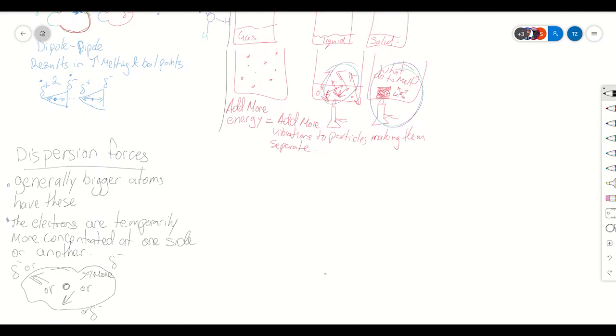These ones also get stronger as molecules get bigger, or molecular weight increases. When our molecular weights are getting bigger, does that mean that we're generally going to have more electrons and more protons?